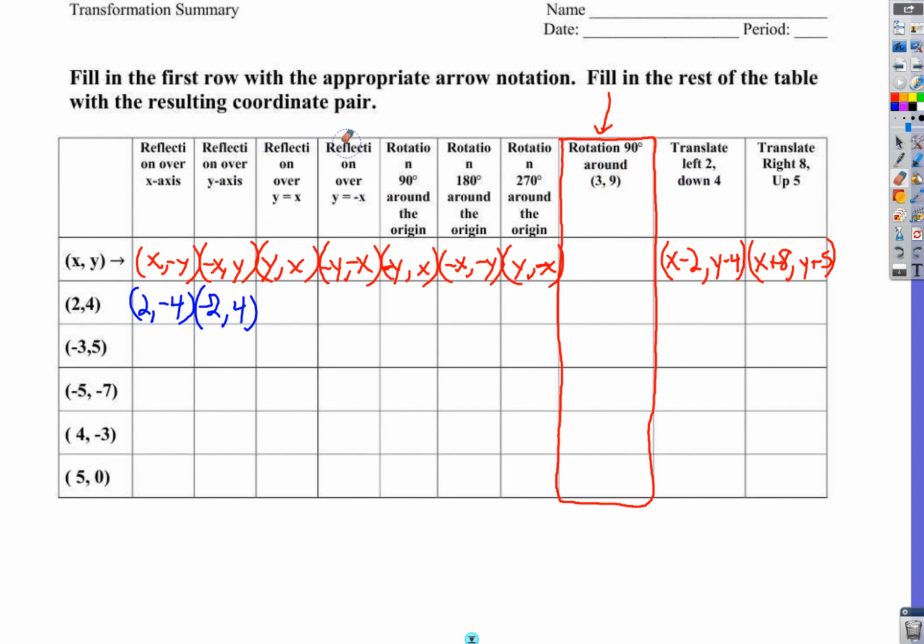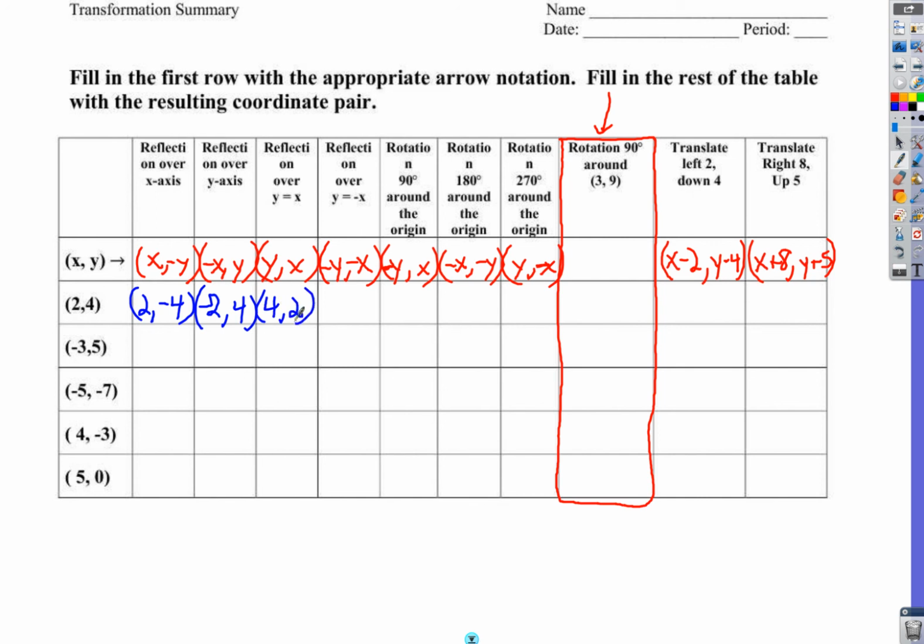Andy, if I get the point 2, 4, and I flip it over the axis y equals x, where am I going to end up? We're on 2, 4. If I get that and I flip it over y equals x. Good. Grant, my other chameleon, blends in.